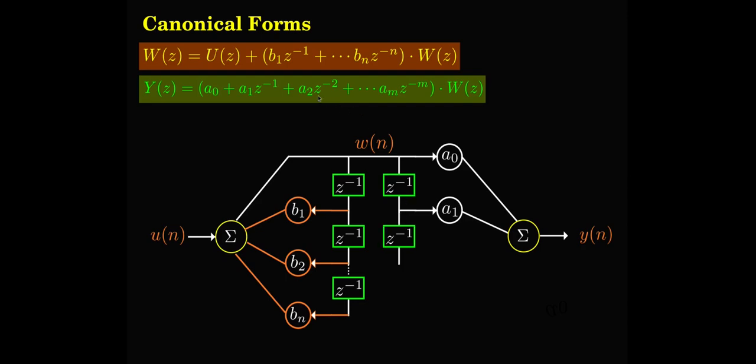I'll put one more delay into A2 and add it there. Then so on, m delays, and put it to the output.